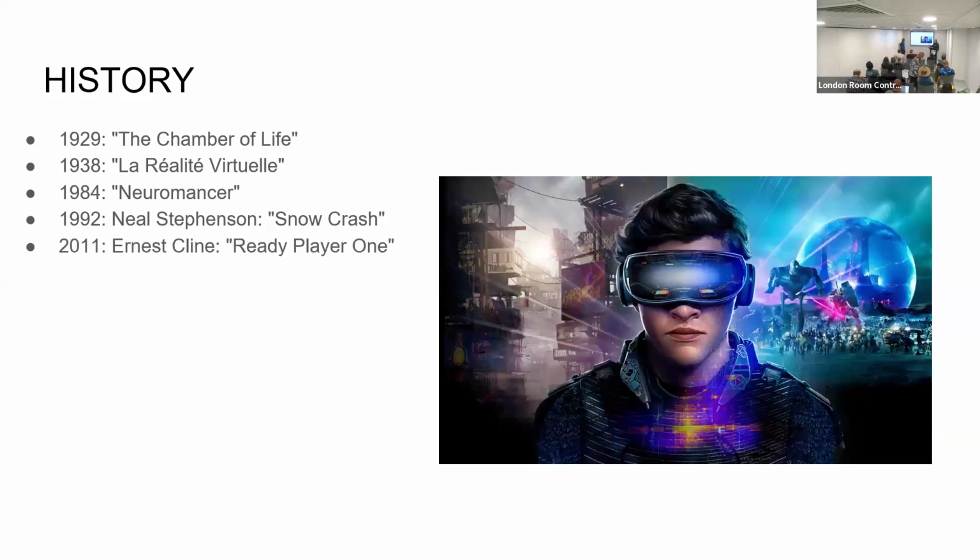Ernest Cline develops this idea in Ready Player One to be somewhere where people do spend a lot of their lives in these virtual worlds, particularly for things like education, for sports and so on.